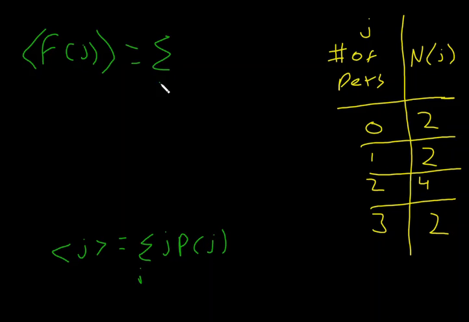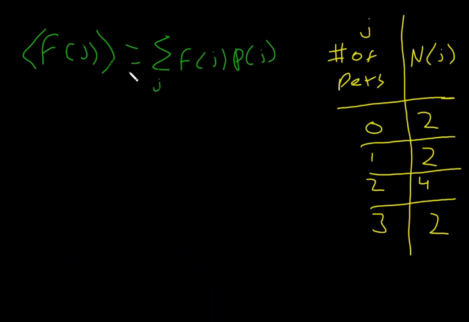So the sum over all possible values of j of f of j times p of j is just the average value of f of j for our responses. In fact, if you added to this table f of j, and then just took the average of that column, adding up each response, instead of taking the average of j, you would get the same thing as that.